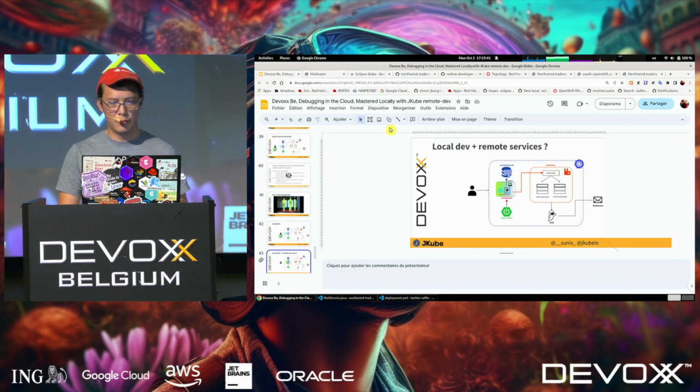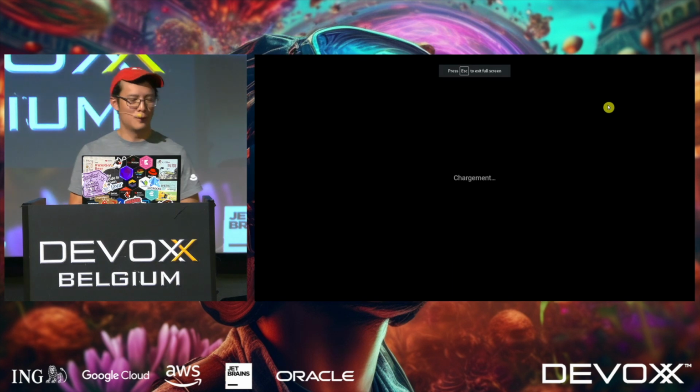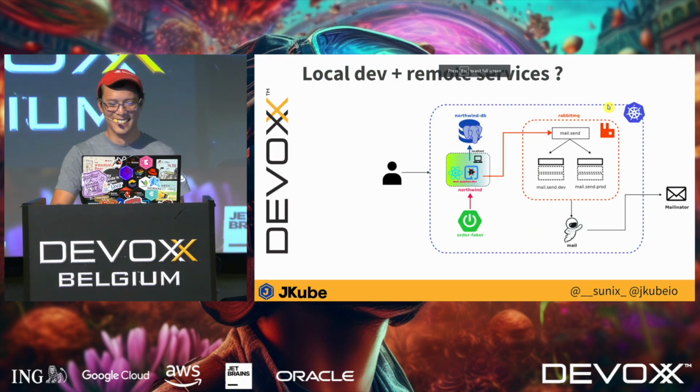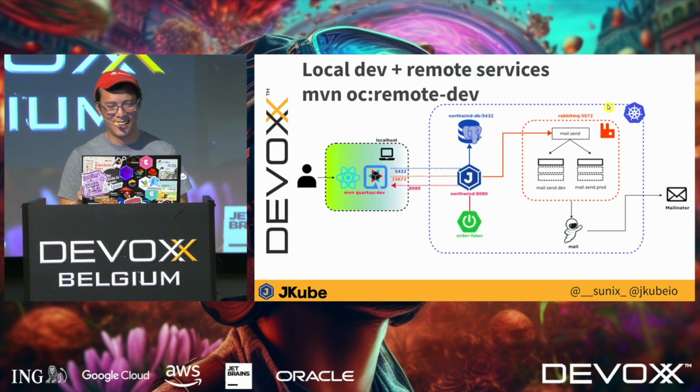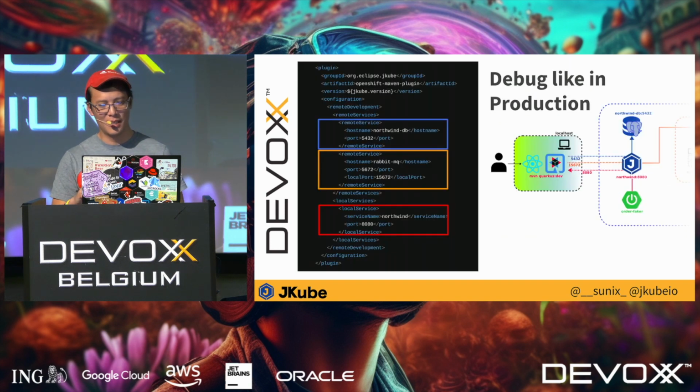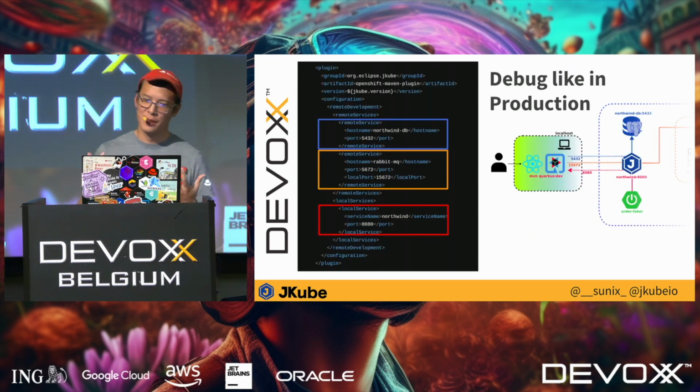So that was it for the demo. It was not completely magic. I had some configuration to add. So you see in the plugin, in the pom.xml, I just had to add this configuration. And you see in blue, it is the connection to the external, the remote Postgres database.